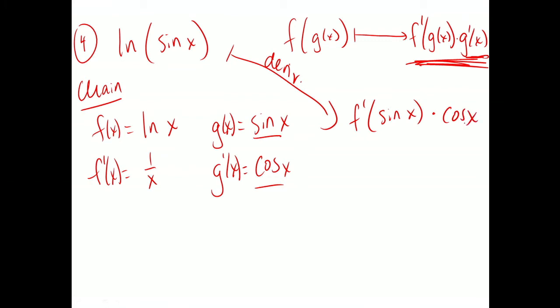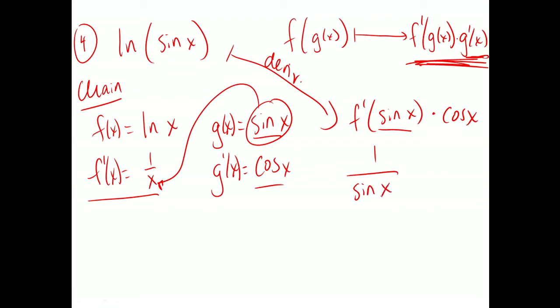But I say to myself, wait a minute, f prime, that's over here. f prime of x is 1 over x. So f prime with sine plugged in just says, take sine and plug it in. So I just get 1 over sine times cosine.